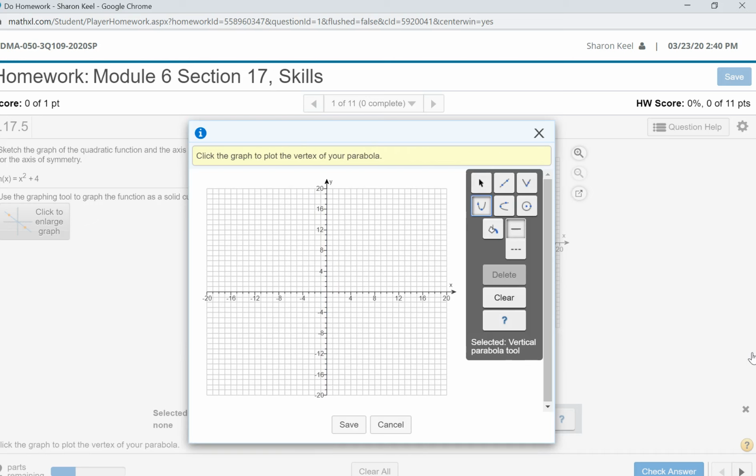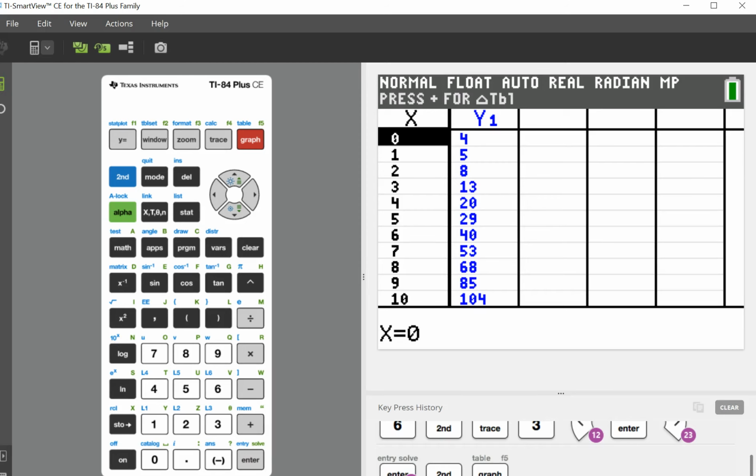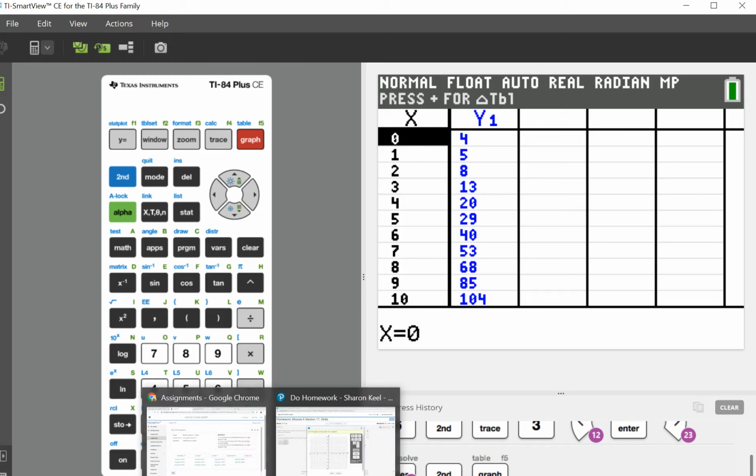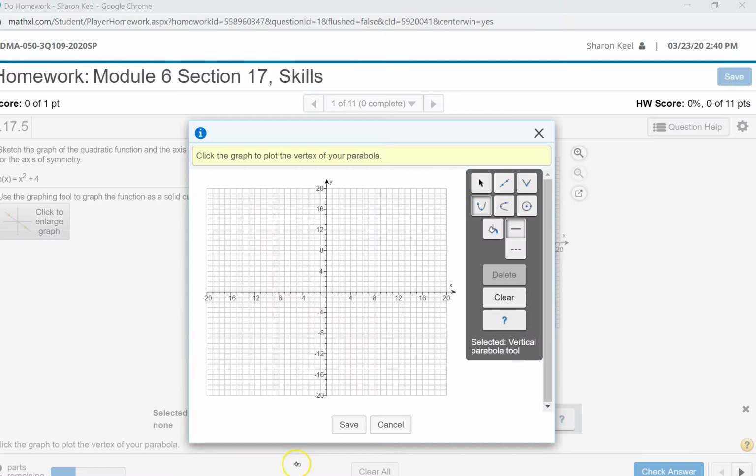Okay, so parabola tool. My first point was, oh, I know what it was. My vertex was, wasn't it 0, 4? And I typed, yes, it was 0, 4, and I did a 0, 6. So let's come back and fix that. 0, 4, and then I chose 4, 20, which should be here.